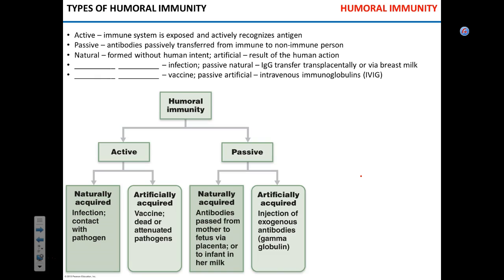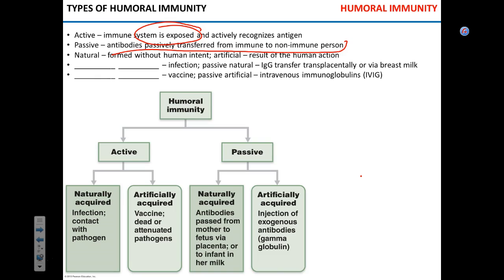Active versus passive immunity. Active immunity is when your immune system is directly exposed to the antigen. Does that make sense? So you receive the antigen. Passive is when you simply receive antibodies. It's called passive transfer. Okay, that's passive immunity.